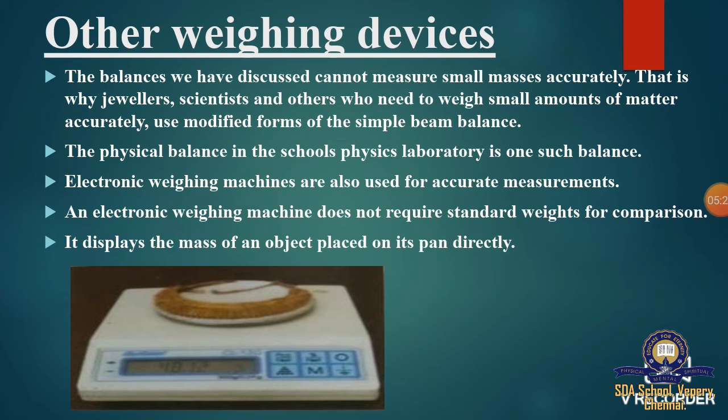Here is an image of an electronic device which can measure small amounts of matter accurately. Heavy objects such as a bag of grains or stones can be measured using a beam balance, while lighter objects can be measured with the electronic device to give an accurate value.